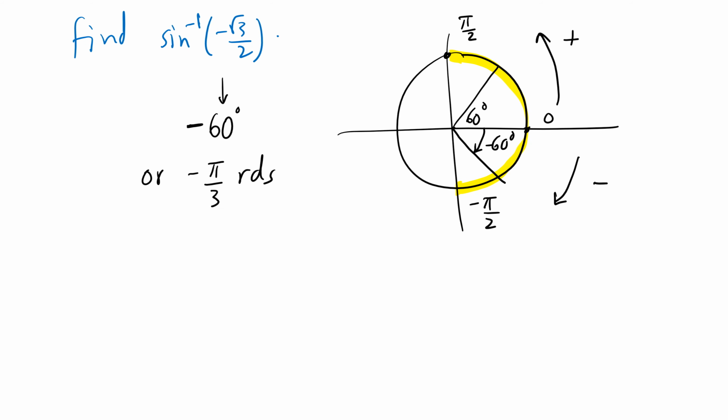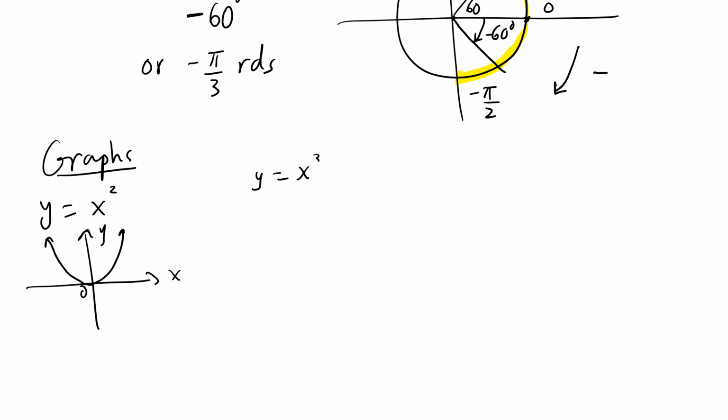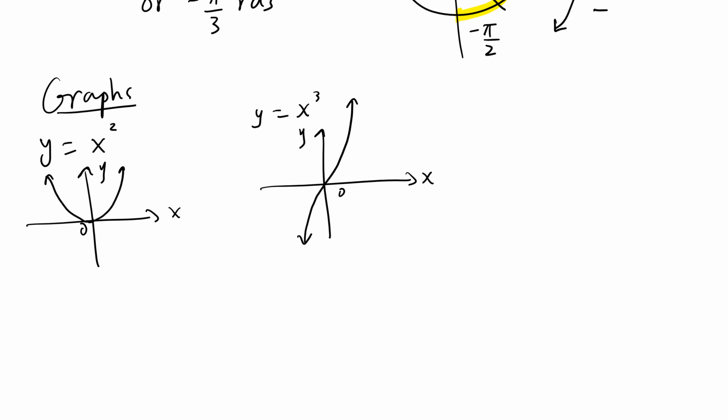We may need to draw graphs. How do we do graphs? Review the graphs of both algebra and trig. Y equals x squared. Those are called the parent functions. The parent function for this one goes up this way. The next one goes up this way. Y equals x cubed.